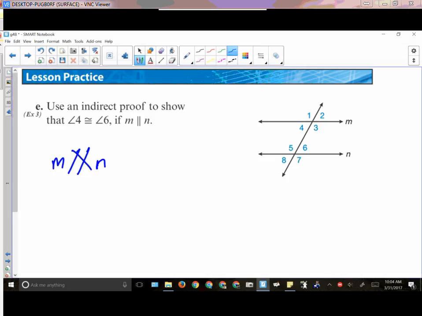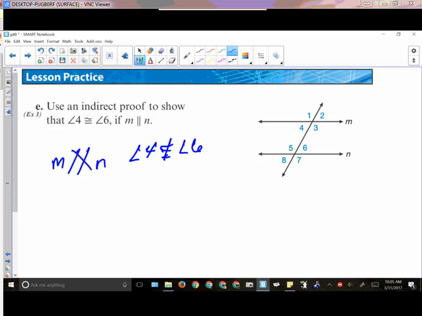So let's try this. Well, let's also assume that angle 4 is not congruent to angle 6. Oops. Angle 4 is not congruent to angle 6.